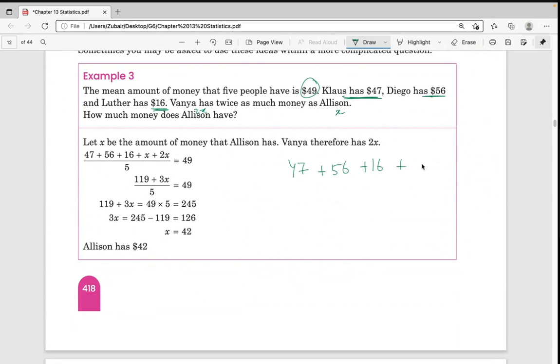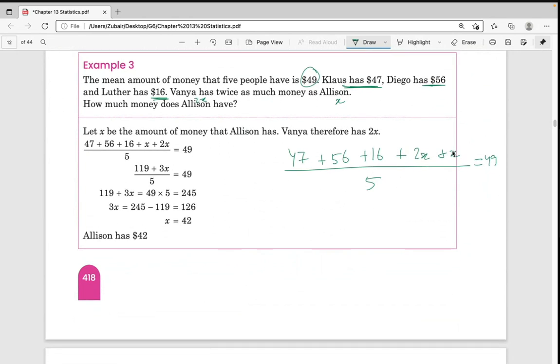Fourth, Vinaya has twice as much as Elson, so that would be 2x, and Elson is x. Now these are five members. Five numbers divided by 5 is equal to the mean. The only unknown is x, and we'll cross multiply and solve for x. Any confusion? No, sir.